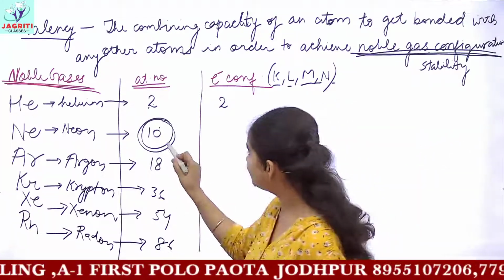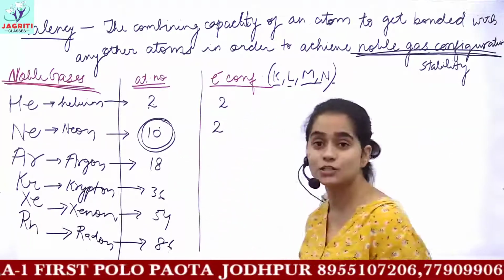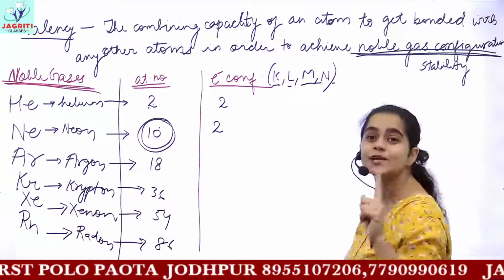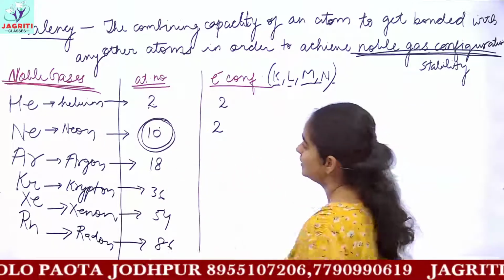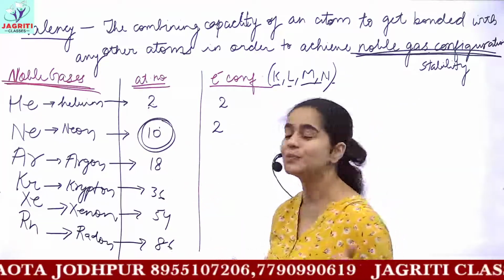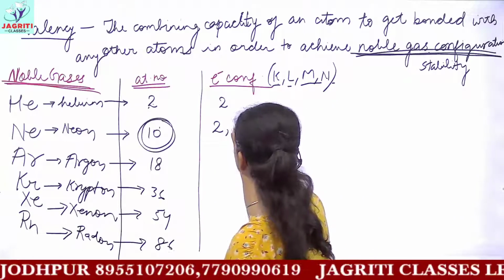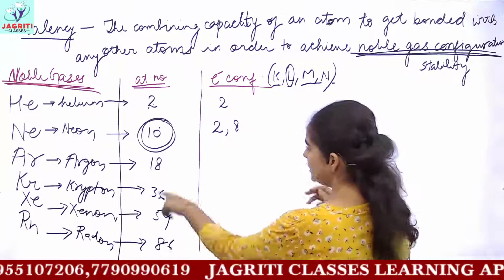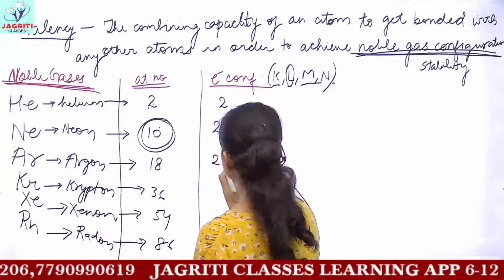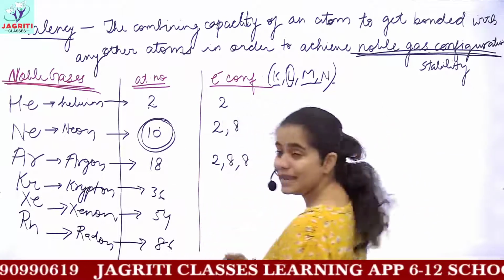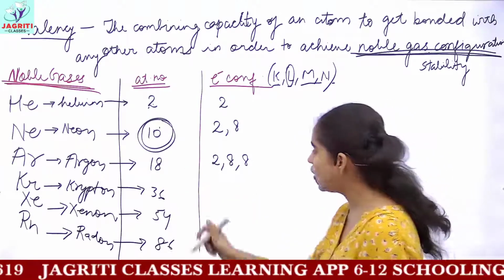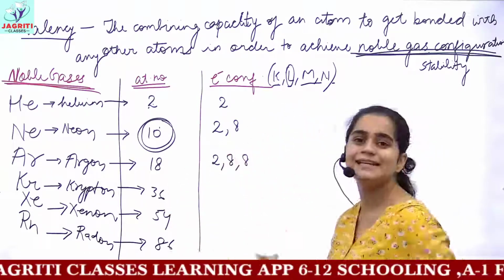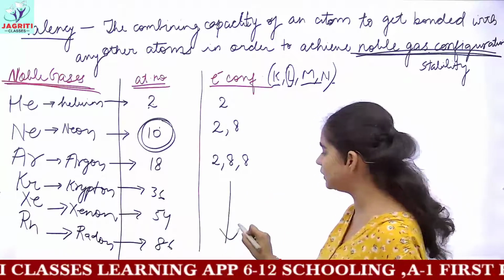Out of 10 electrons, the first 2 go in your K shell, the first shell. The remaining 8, because 10 minus 2 gives you 8 electrons, will go in your L shell. If you arrange 18 also, you have 2, 8 and 8. Arranging these, all the extra electrons will move to the next shell, and similarly you will get all the configurations.